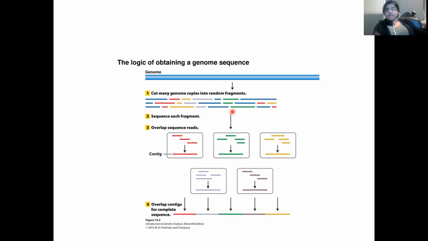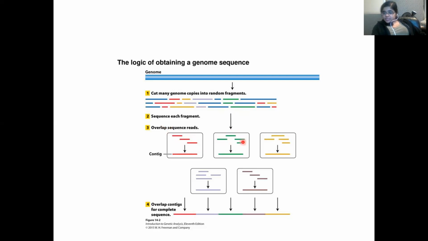Then we sequence them, for example, with Sanger sequencing, or in this case, whole genome sequencing techniques to sequence each and every fragment. Then you take those sequence reads and you overlap them. Remember how we did gene mapping, overlapping the different genes? It's a similar thing here where they overlap based on continuous ends, right? So this matches up here, so we're going to add that there and then go there.